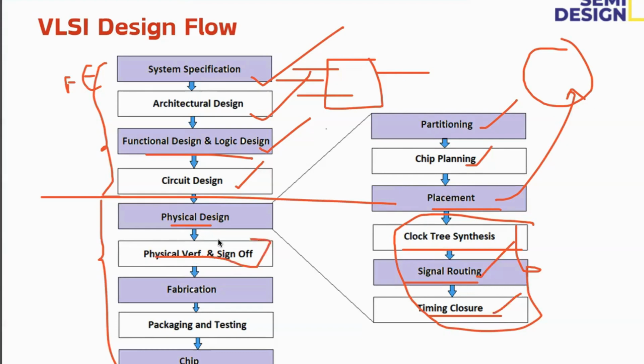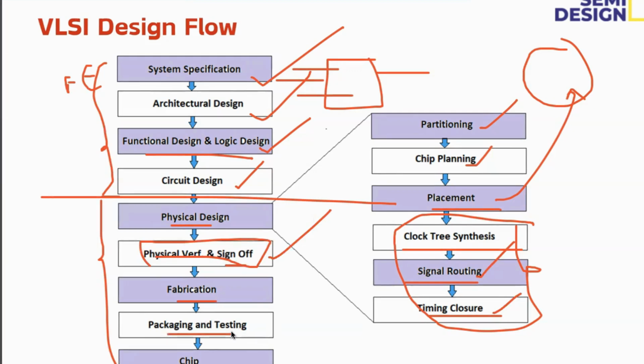Then physical design verification and sign off, once chip fabrication is completed. Sign off means once all the timings are met. Every month there will be a meeting, right? Once a step is completed, we'll go to the fabrication technology, and then packaging and testing.